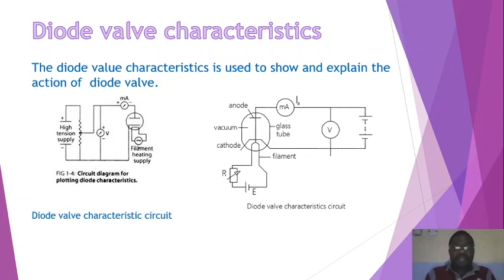The only difference is that in the first one, we have purely alternating current, which will produce a very high voltage. But in the second one, we have direct current, but we have a variable resistor. The variable resistor is there to vary the potential difference and the current going to the filament.